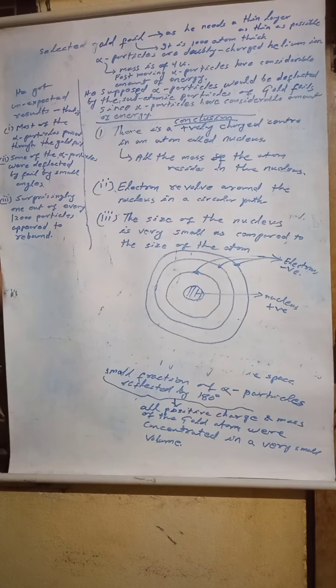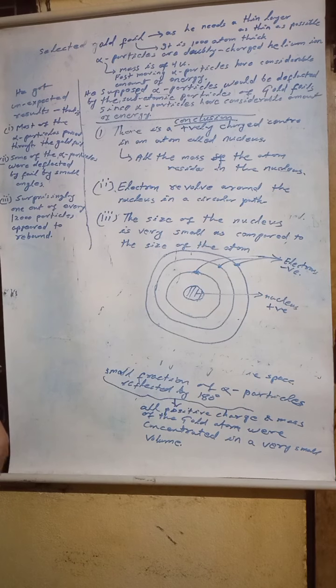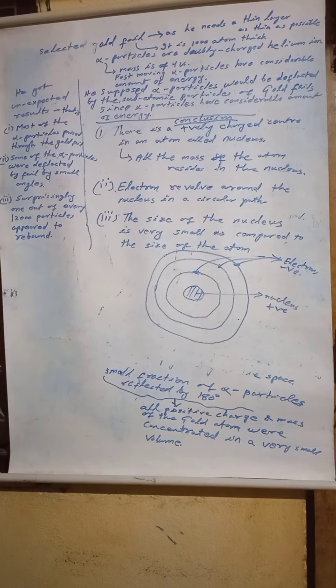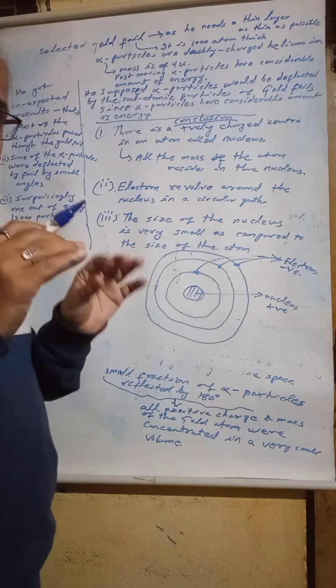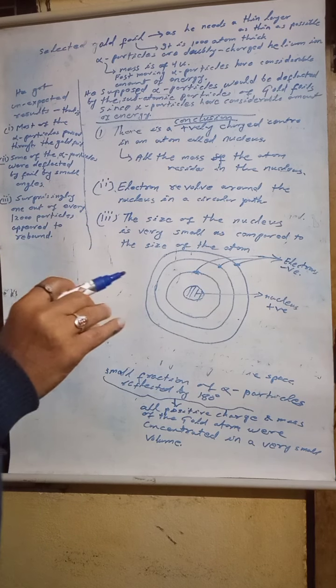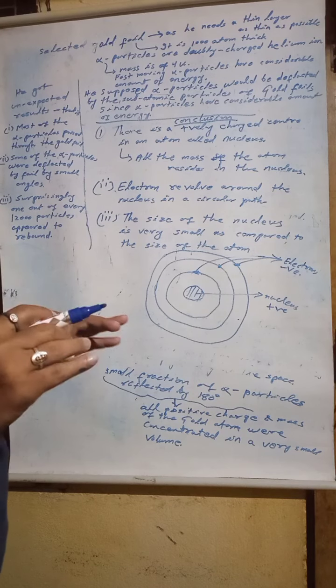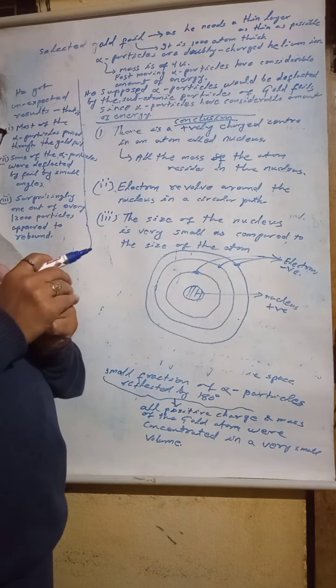But he got an unexpected result: most of the alpha particles pass through the gold foil. Some of the alpha particles were deflected by the foil at small angles, and surprisingly, 1 out of every 12,000 particles appeared to rebound at 180 degrees.